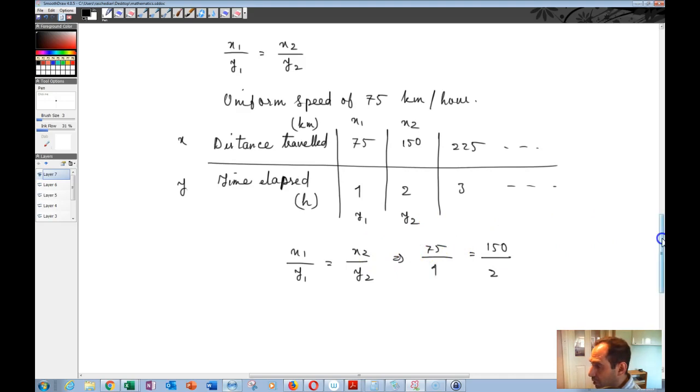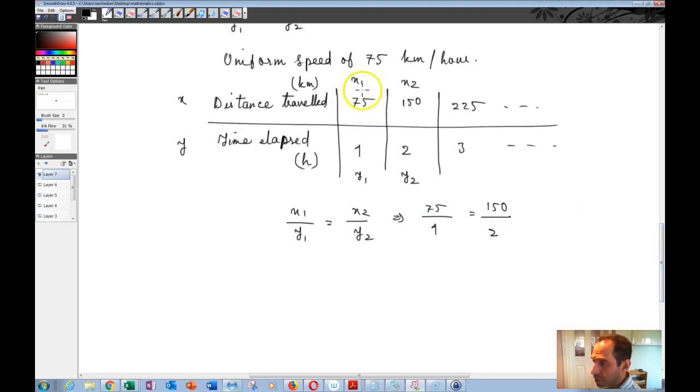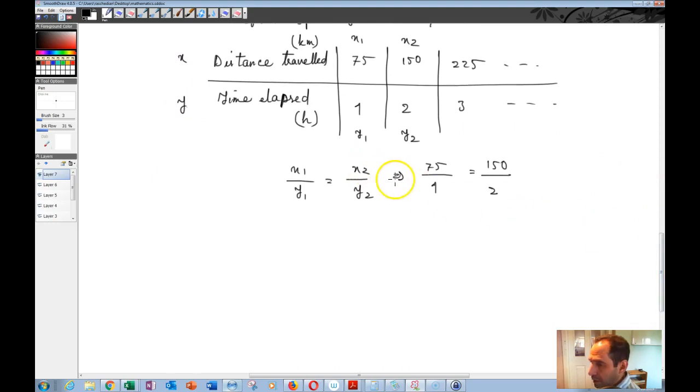So this relationship exists between your x and y, whatever you want to call it. And so that's something that you can use in the case of direct proportion to calculate things.